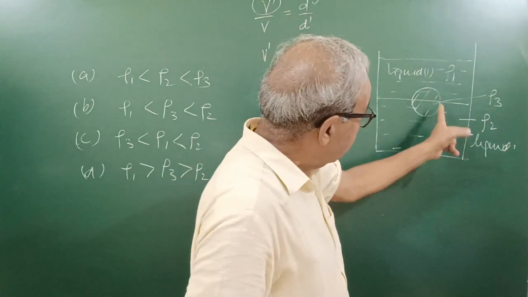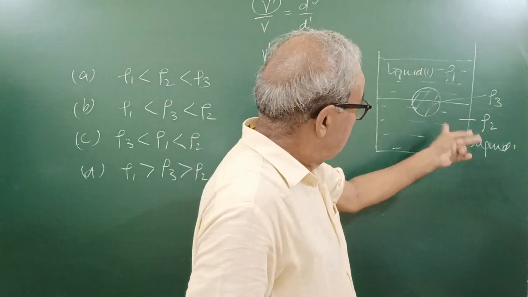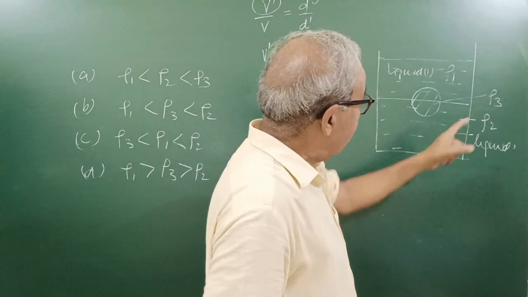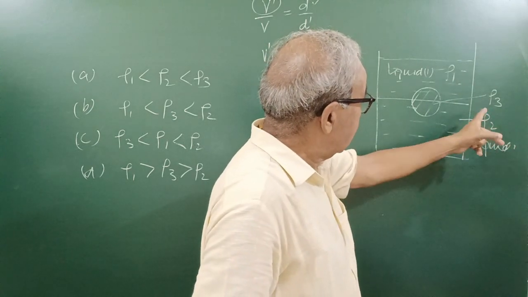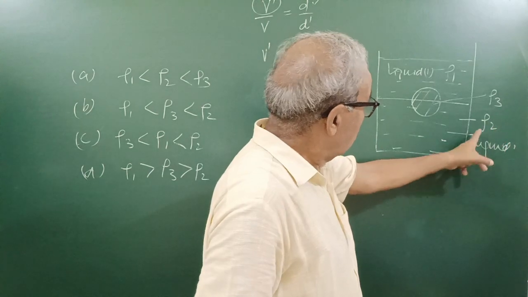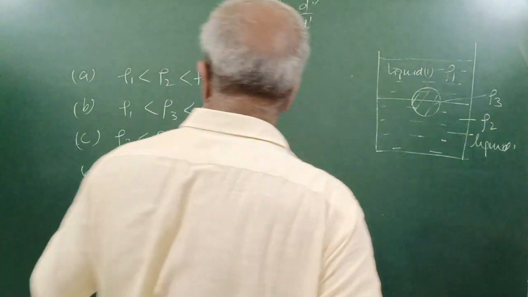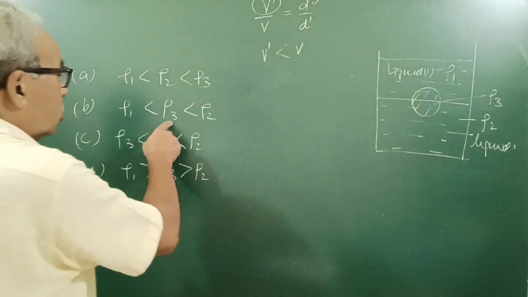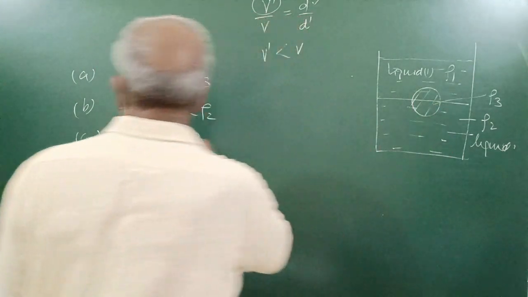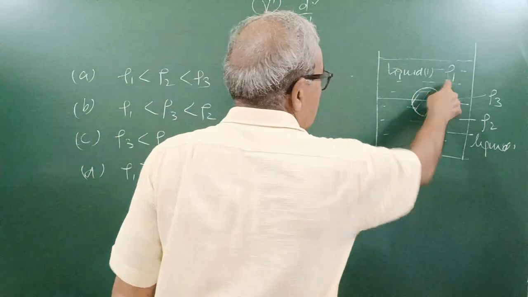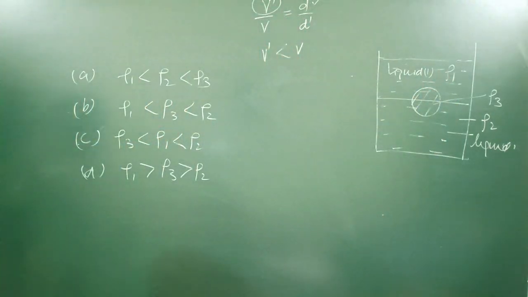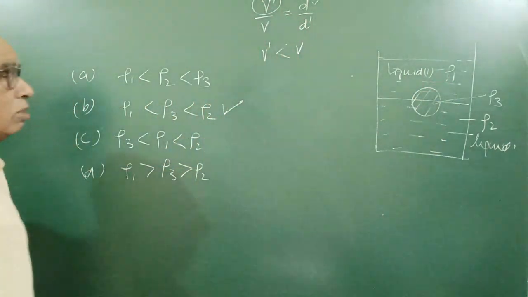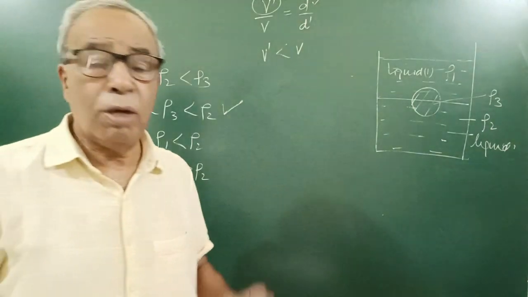But here it is partially submerged in this loop. So we can say that rho 1 is less than rho 2 because it is above, and less than rho 3. So rho 3 is less than rho 2, okay. Rho 1 is less than rho 3. So this is the correct answer. I think you have got my point.